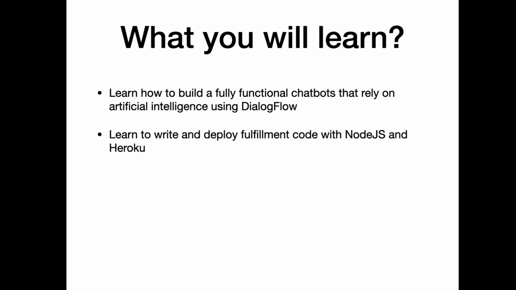And we're going to learn how to use this Node.js platform specifically to make fulfillment possible with the chatbot. When I say fulfillment, and we're going to deal with this in greater detail, this is the idea where the chatbot will link to a database and get information from a database or some other third-party service. Okay?